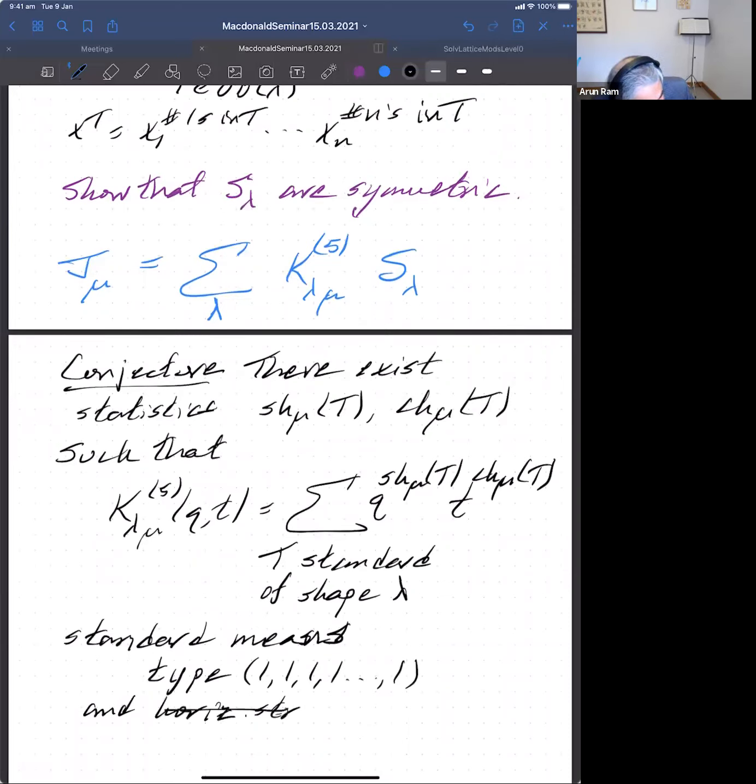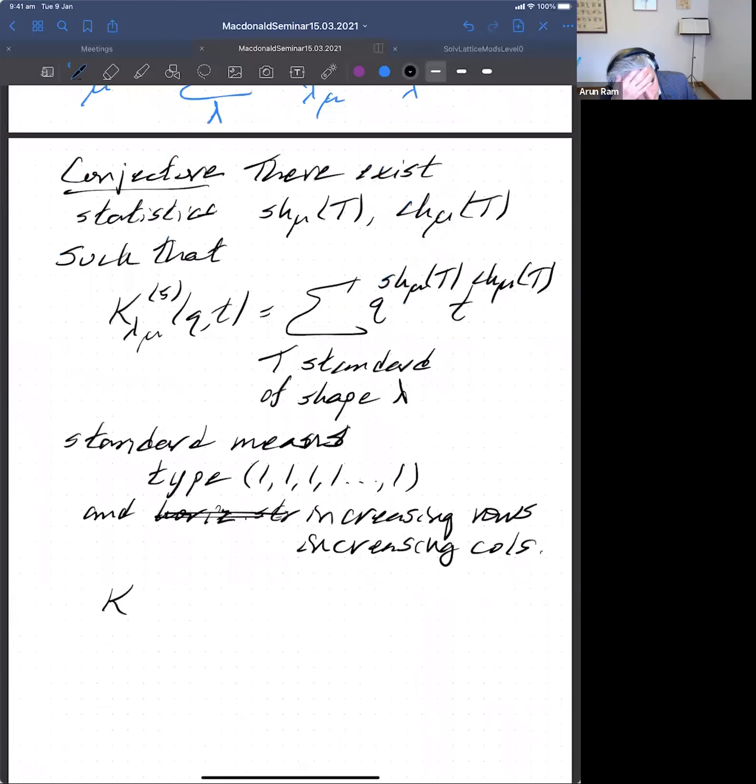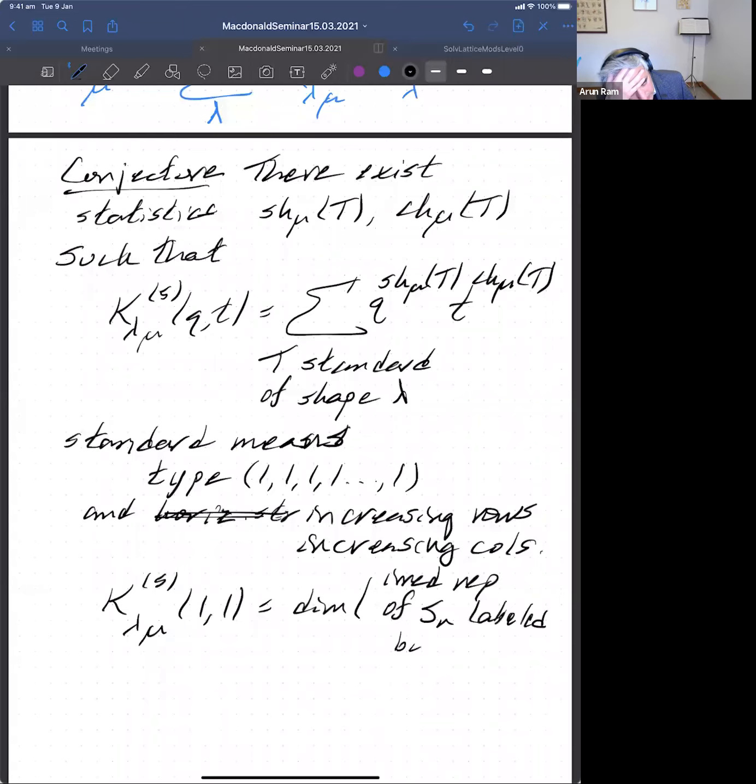So let me just write that, increasing rows, increasing columns. Of course, the number of standard Young tableaux of shape lambda is the dimension of the irreducible representation of the symmetric group. So one of the consequences of this conjecture is that K-tilde lambda mu at 1, 1 is equal to the dimension of the irreducible representation of Sn labeled by lambda.